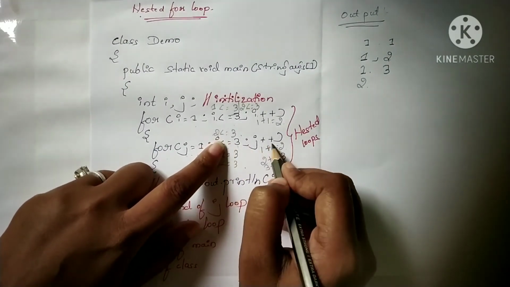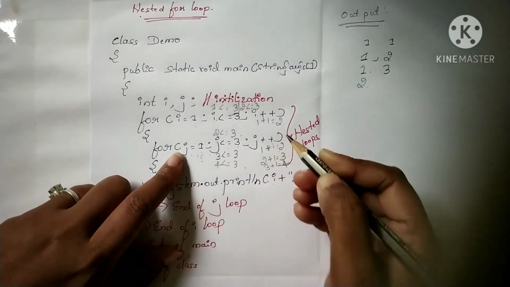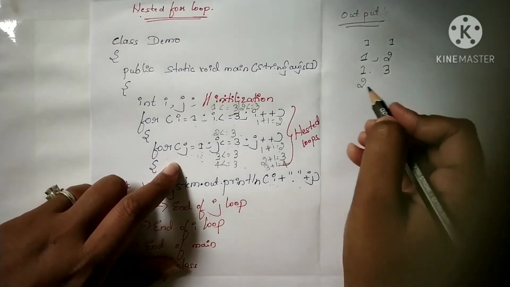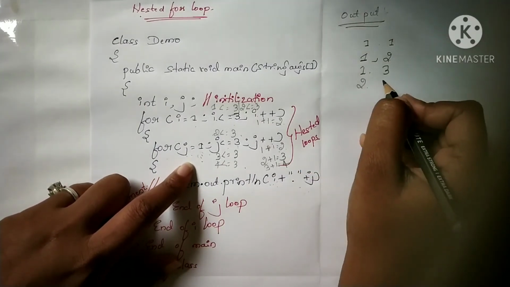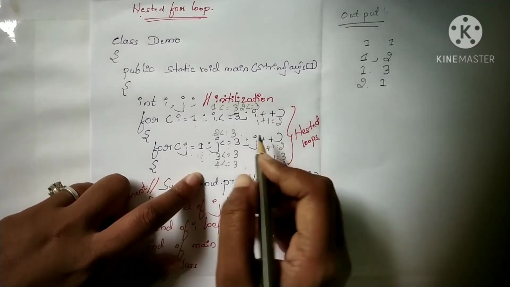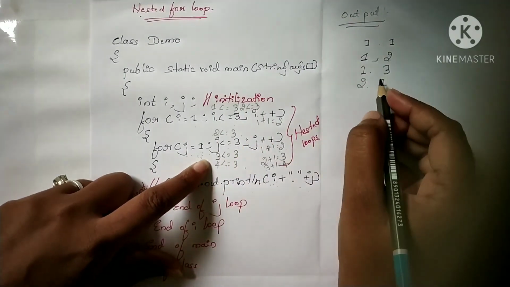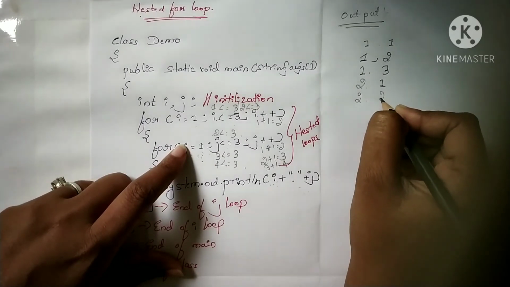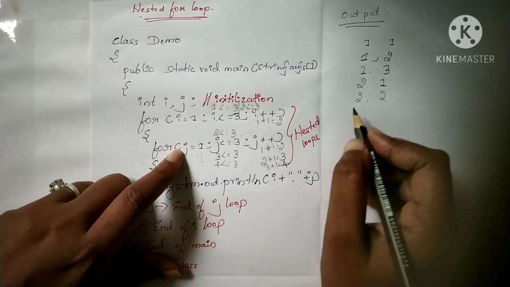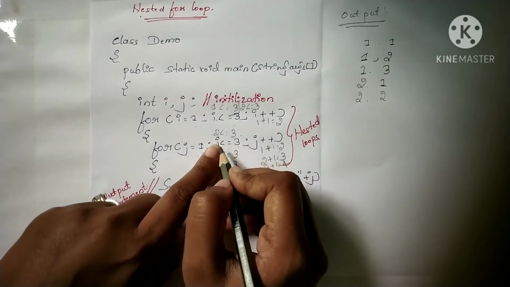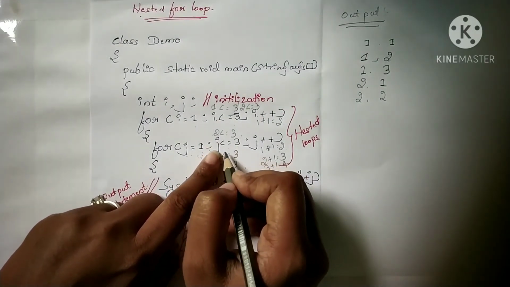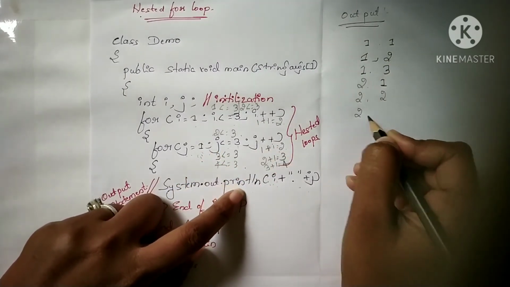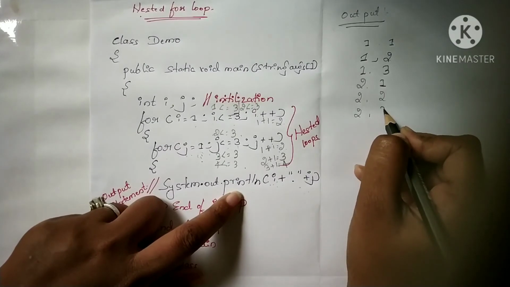Here I am going to print 2 with 1. Again we check the condition, it is printed as 2 and 2. Again j is 3, less than or equal to 3, it is true, then printed as i value 2 and j value 3.